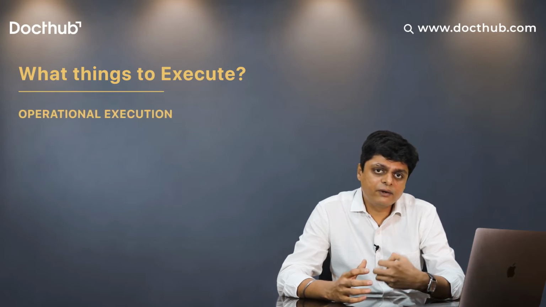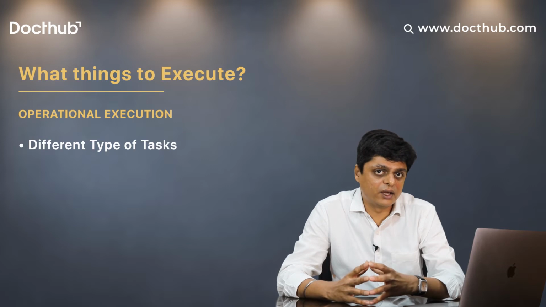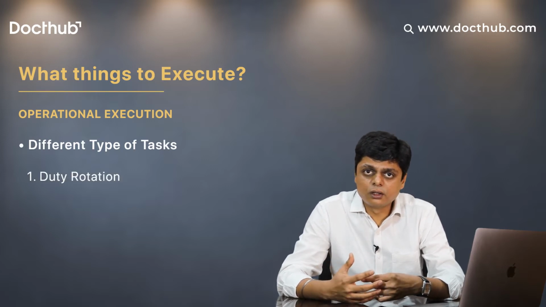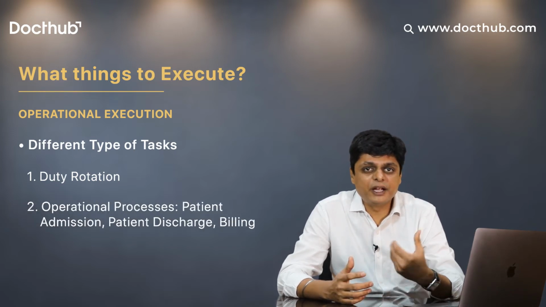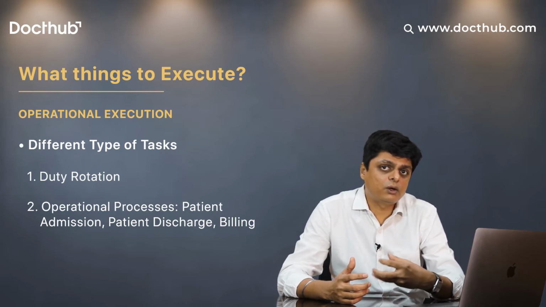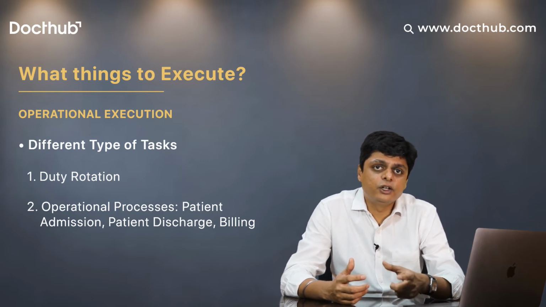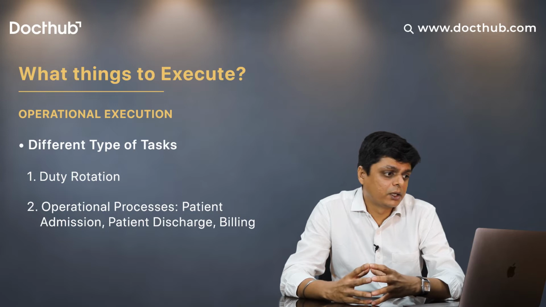Now, what are the different types of tasks while executing such operational assignments? Usually, you will see duty rotation of your team. Operational processes like patient admission, patient discharge, billing process. These are operational processes where you need to execute particular things and ensure that the process goes according to the standards set.